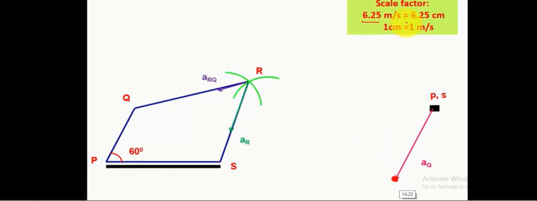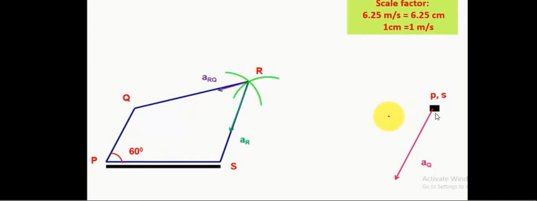How to draw this? You have the point PS, which is stationary. You just roll the scale parallel to length PQ, because we know the first acceleration will be along the link PQ. So you just use a rolling scale and draw the direction of AQ from point PS. PS will be stationary because P and S are stationary. That will be represented by a point.